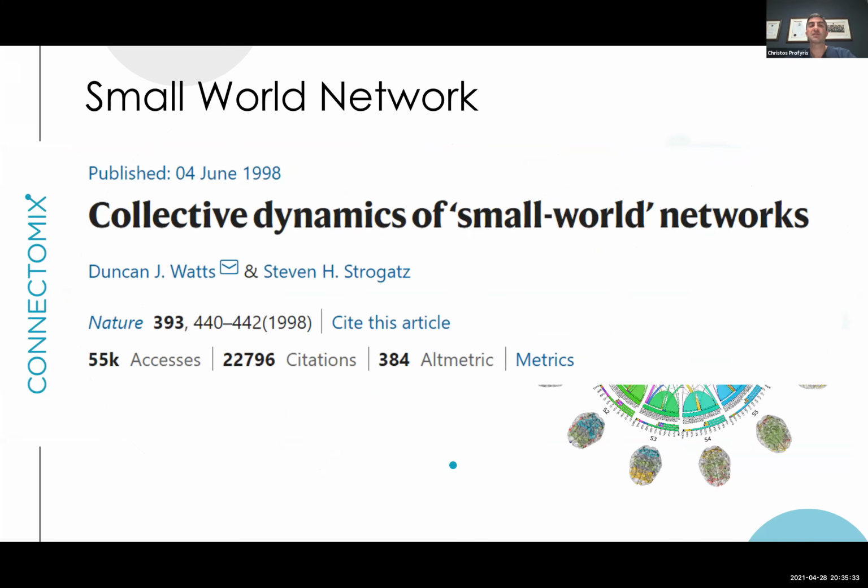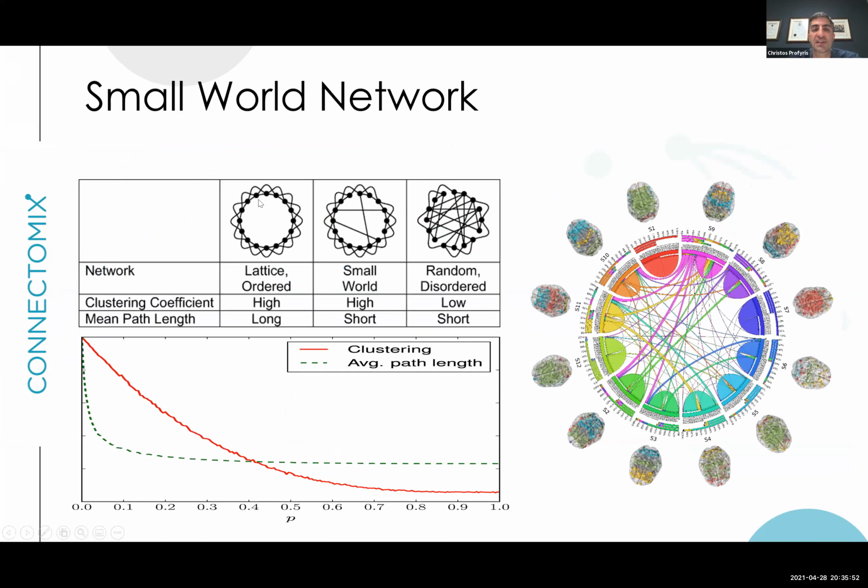The next thing I'm going to talk about is a small world network. This was a concept published in 1998 by Watts and Strogatz. It's been cited more than 46,000 times, and it's probably one of the most important papers in science. They were studying networks, and they looked at a regular lattice matrix.